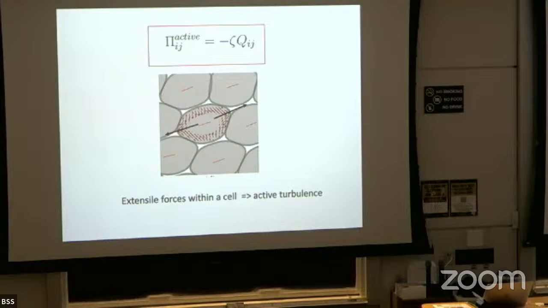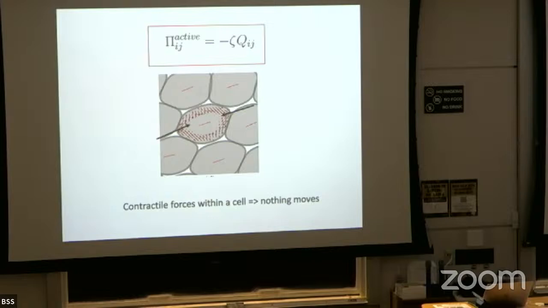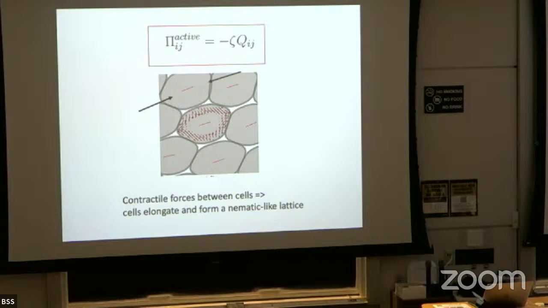These things are not allowed to squish beyond circular, right? So if I put on a contractile force, it pushes them back to circular, all right? We didn't know when we did this that they could expand in the other direction. And so you don't get active turbulence. Everything just goes back to circular and nothing moves. Okay, yep.